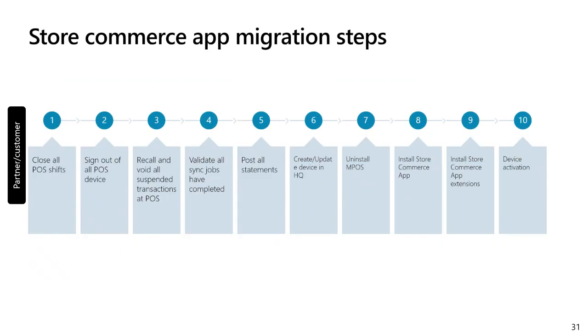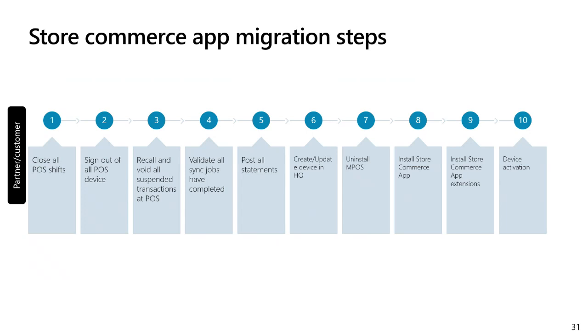Here are the steps for the Store Commerce app migration. Before you start, make sure you close all the shifts, sign out of your POS devices, recall and void out any suspended transactions. Make sure you are taking appropriate actions on any extension data tied to any of the data like shifts or transactional data.